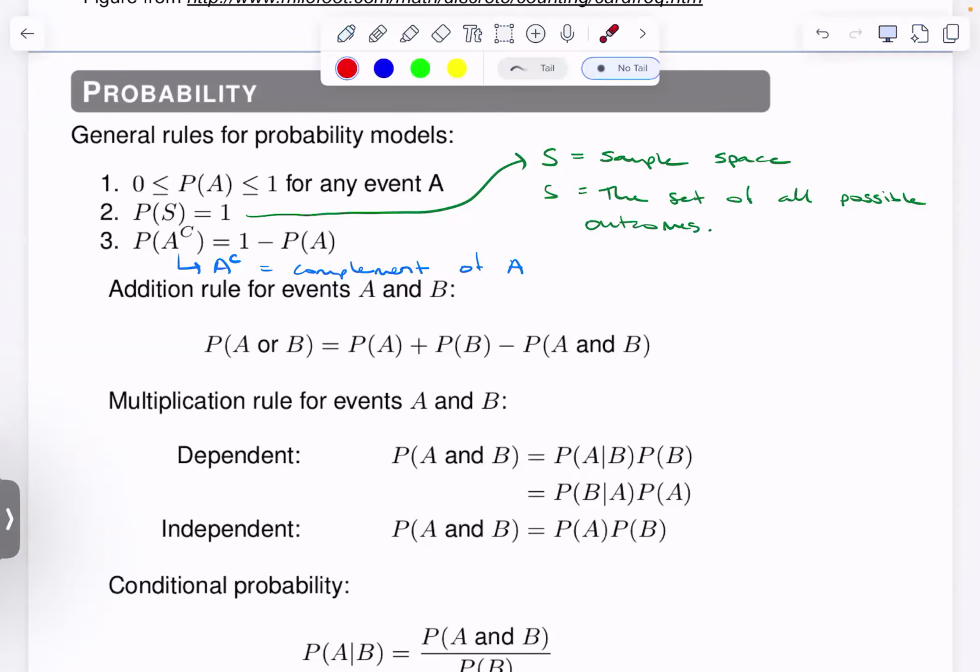So the probability of the complement of tails must be 1 minus the probability of tails.